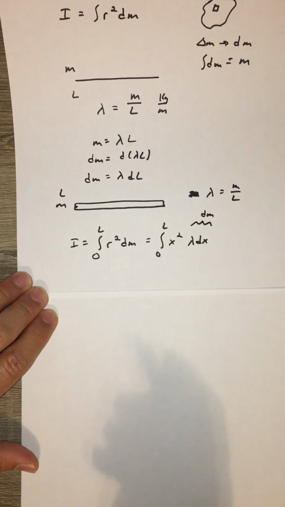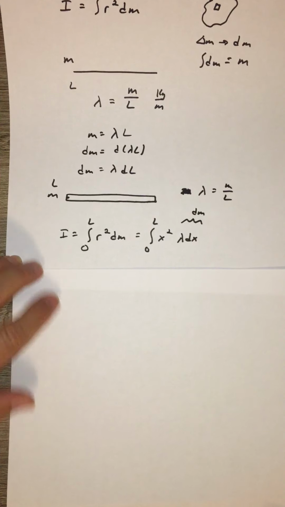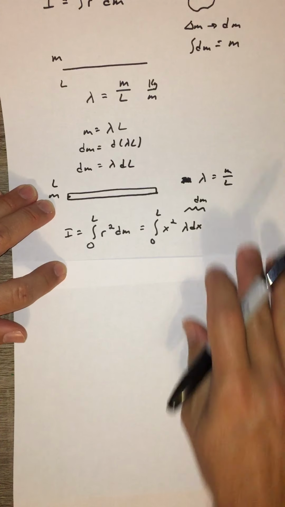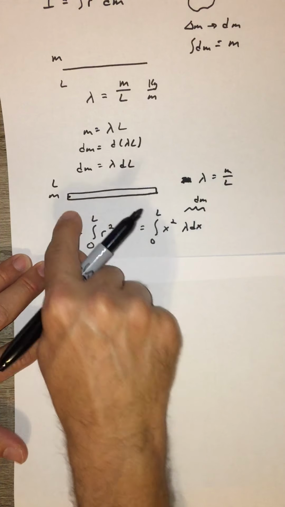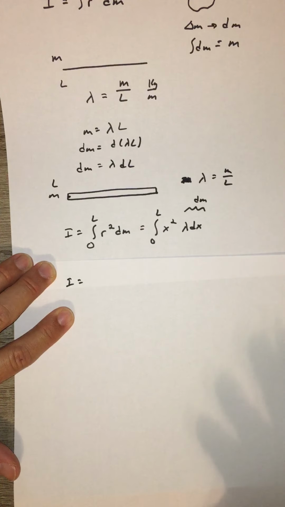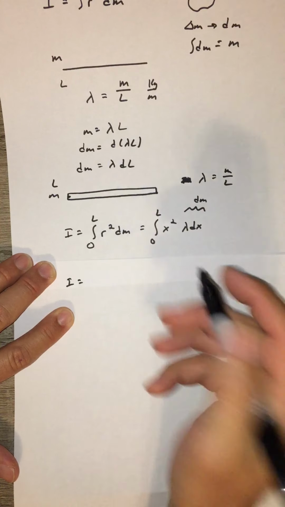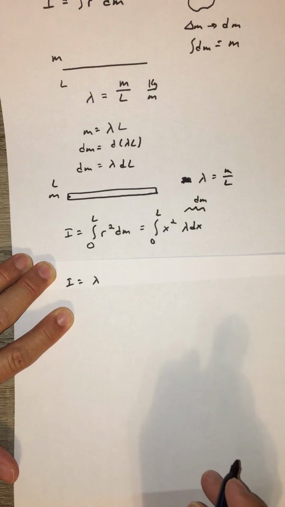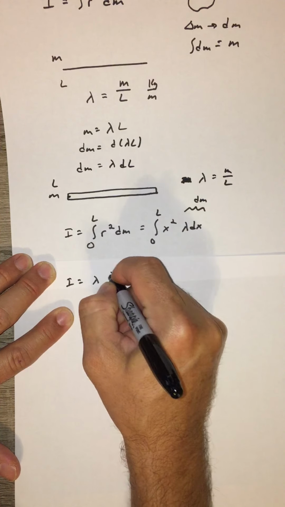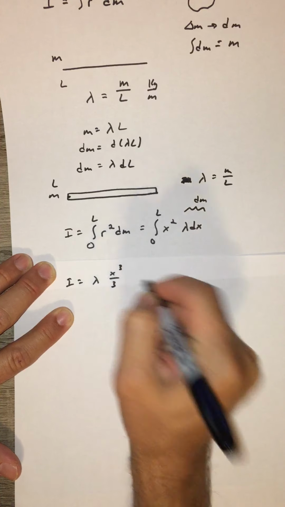All right, if we're okay there, we keep on moving. Get this to where you can see it and I can write on it. That means the moment of inertia about the end here is going to be, I'm going to pull out the lambda. I'm going to get integral of x squared dx, which is going to be x cubed over 3.